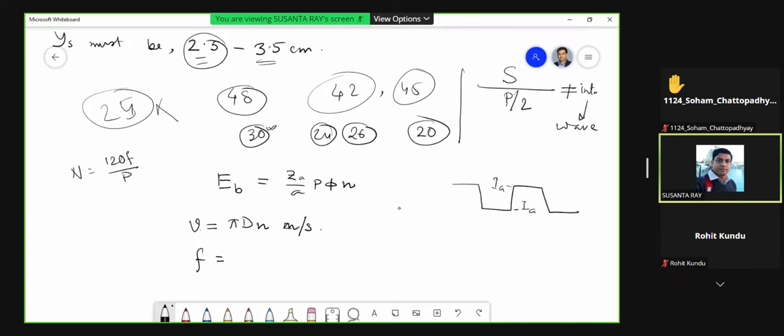So this is the formula for capital N. But if you take small n, it is 2f by p. So that means f equals pn by 2.